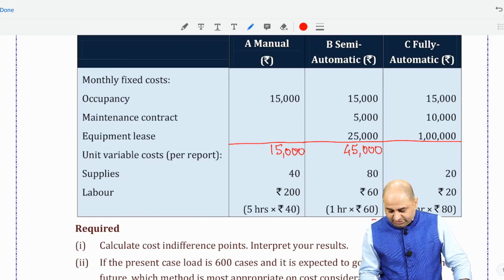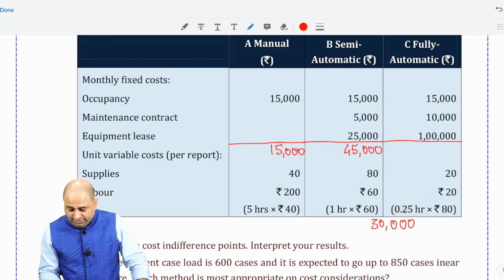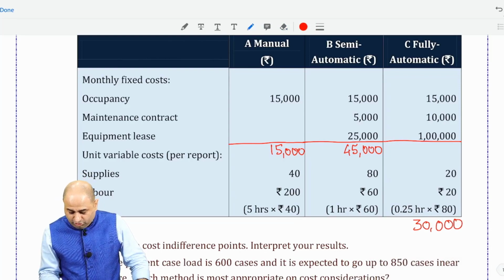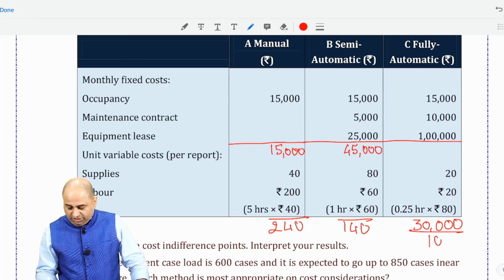So the difference is 30,000 in fixed cost. I'll keep this aside so that my other calculation doesn't suffer. Variable cost here is 240 and here it's 140. So the difference is 100 rupees. So 30,000 divided by 100 is equal to 300 cases.